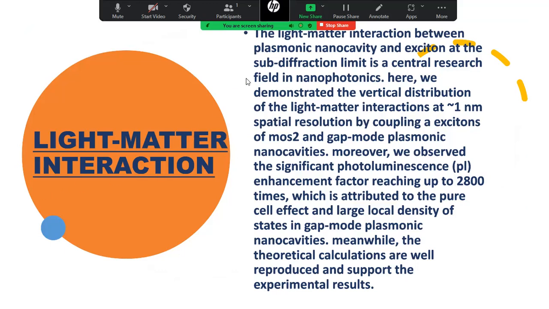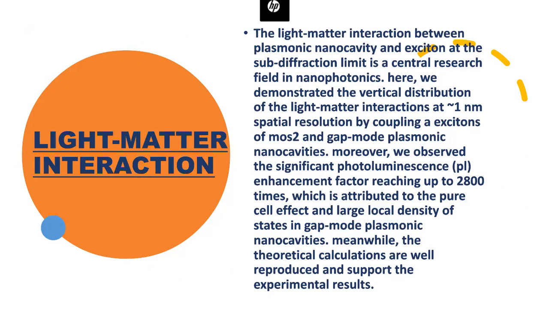The light-metal interaction between a plasmonic nanocavity and the exciton at the diffraction limit is a central research field in nanophotonics. Here we demonstrated the vertical distribution of the light-matter interactions at 1 nanometer spatial resolution by coupling MoS2 and gap mode plasmonic nanocavities.